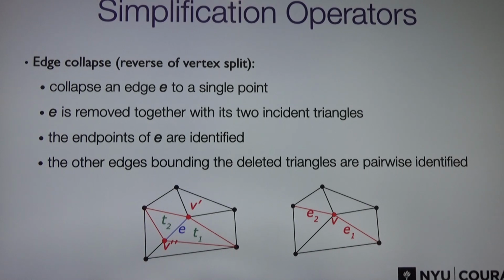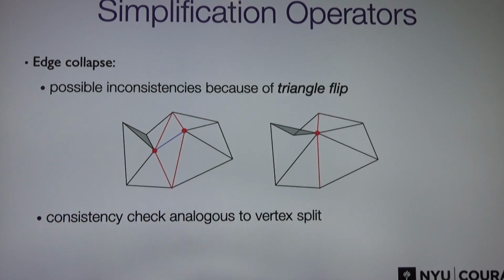So we will remove one edge and remove one vertex and only keep the other one, the other leg of that triangle. So this obviously reduces the number of triangles, it simplifies the mesh. It would also possibly destroy the mesh structure, but then we will also be able to fix that in the same way.